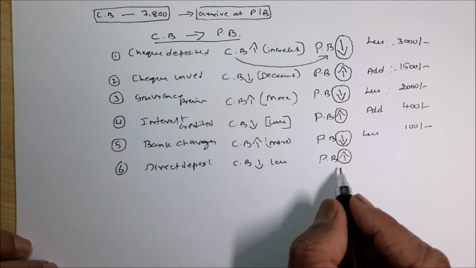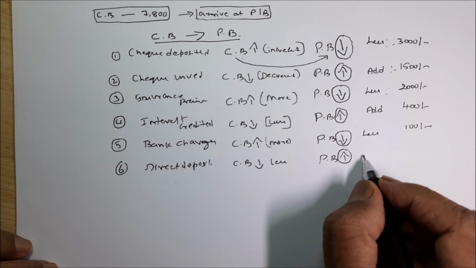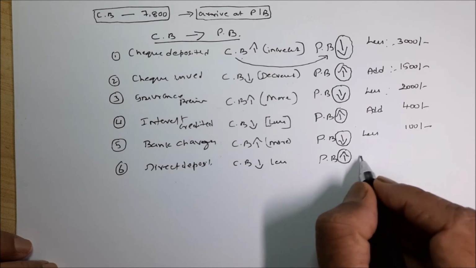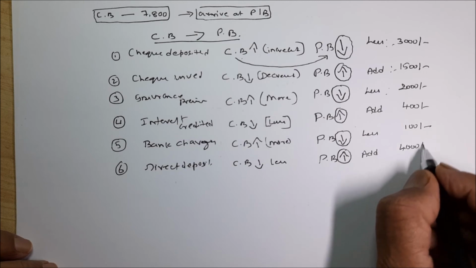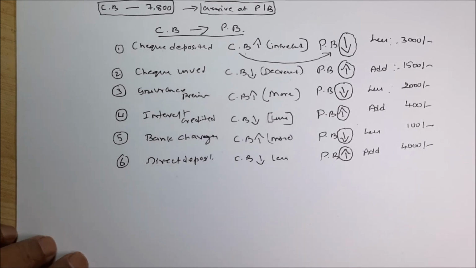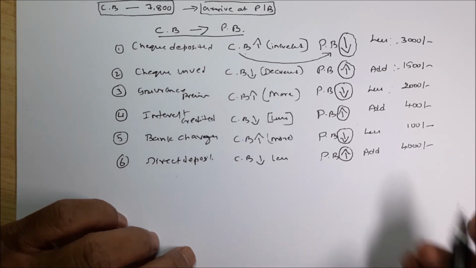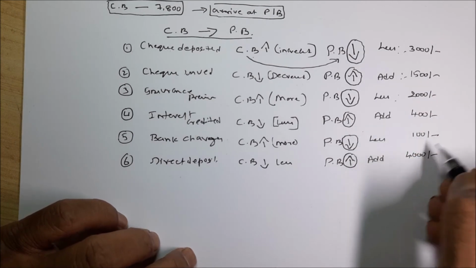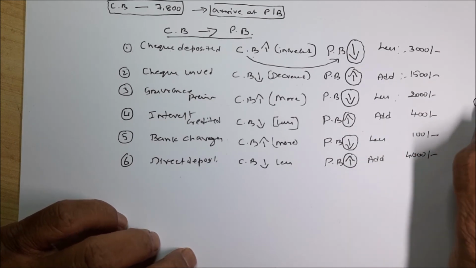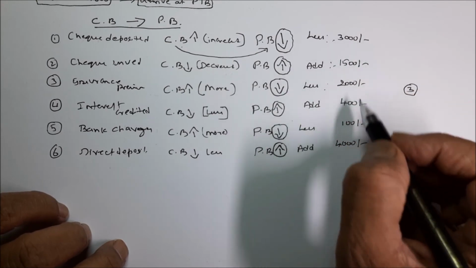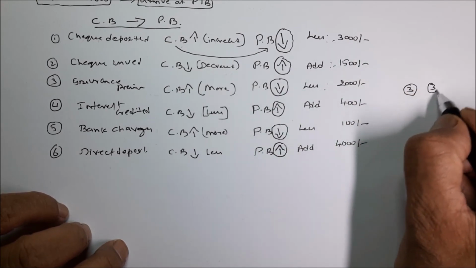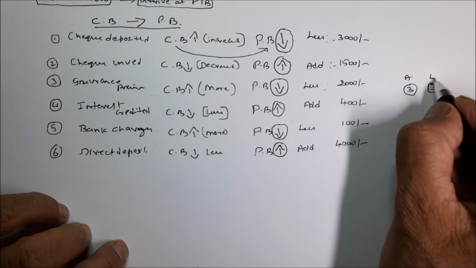So here it is an increase, called add. How much? 4,000. Then what you have to do? How many adds and how many less are there? 3 adds and 3 less.